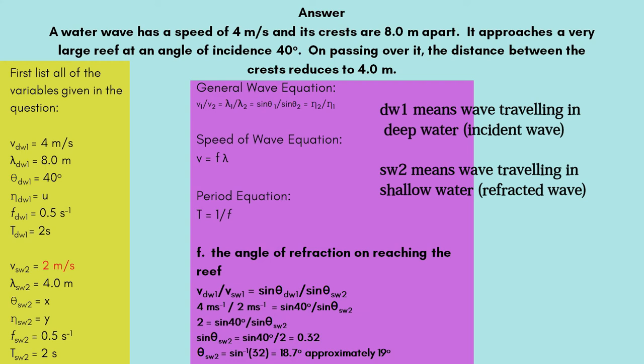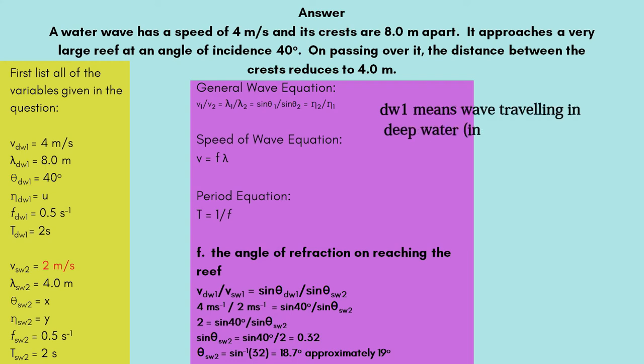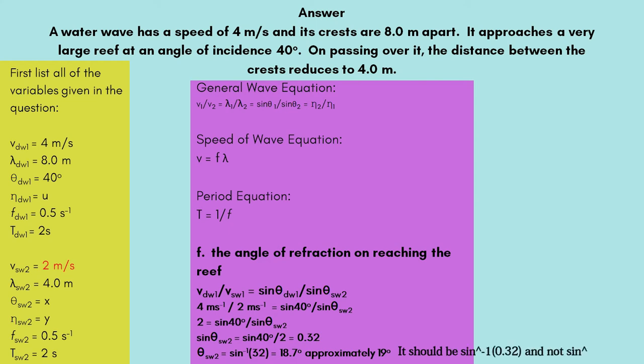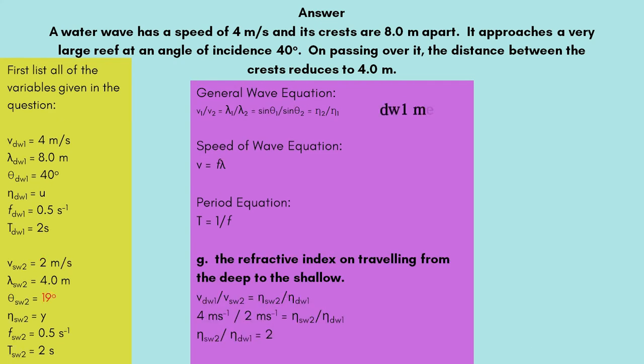You just plug in the numbers as can be seen. 4 meters per second divided by 2 meters per second equal to the sine of 40 divided by the sine of theta of the wave traveling in shallow water. From there, you do a series of calculations and you find the inverse of 32, and you get approximately 19 degrees.